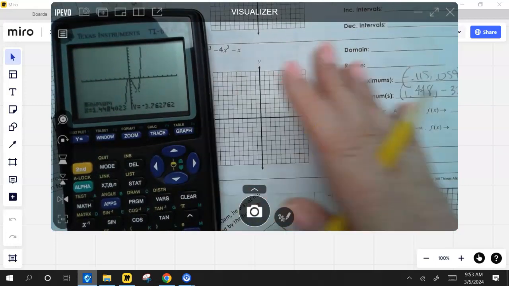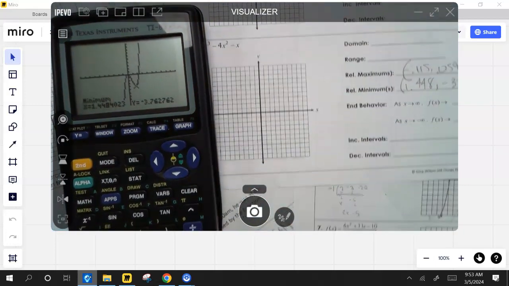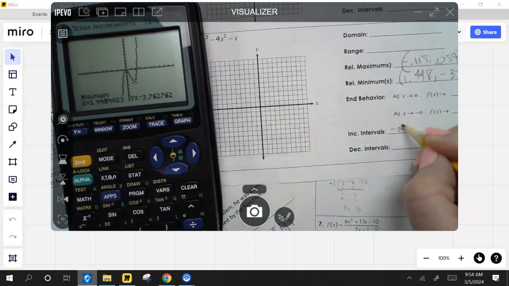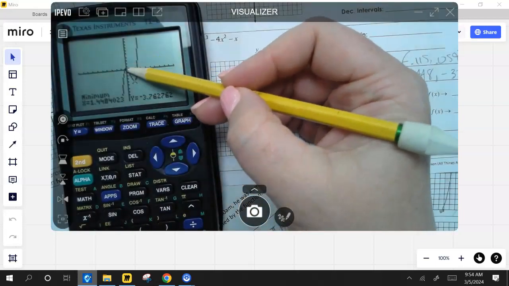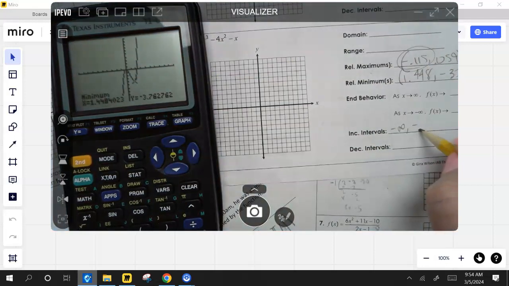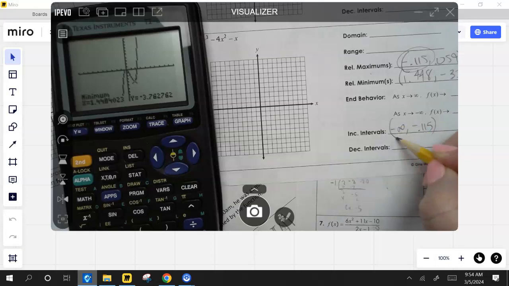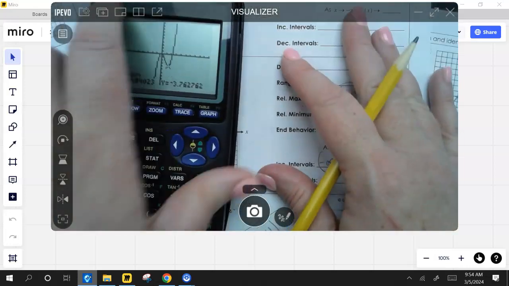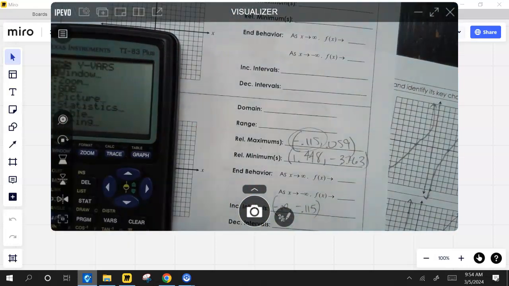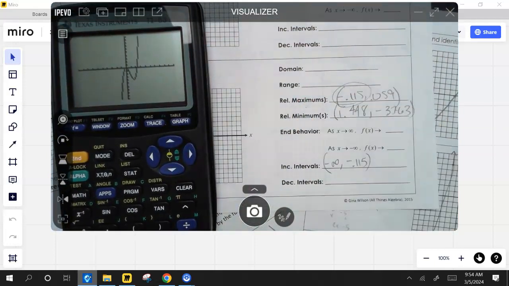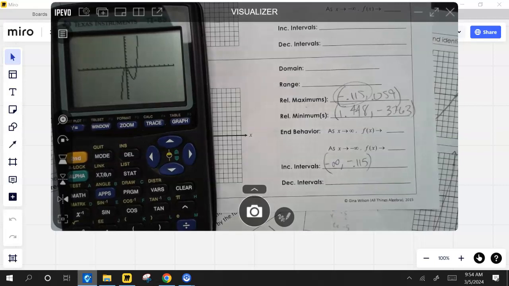Increasing intervals, I guess, first. So here I am increasing from negative infinity until I hit this very first turning point, that maximum, which happens here at negative 0.115. This is kind of how I do them whenever I've got the whole graph on here. Then I go to the next interval.